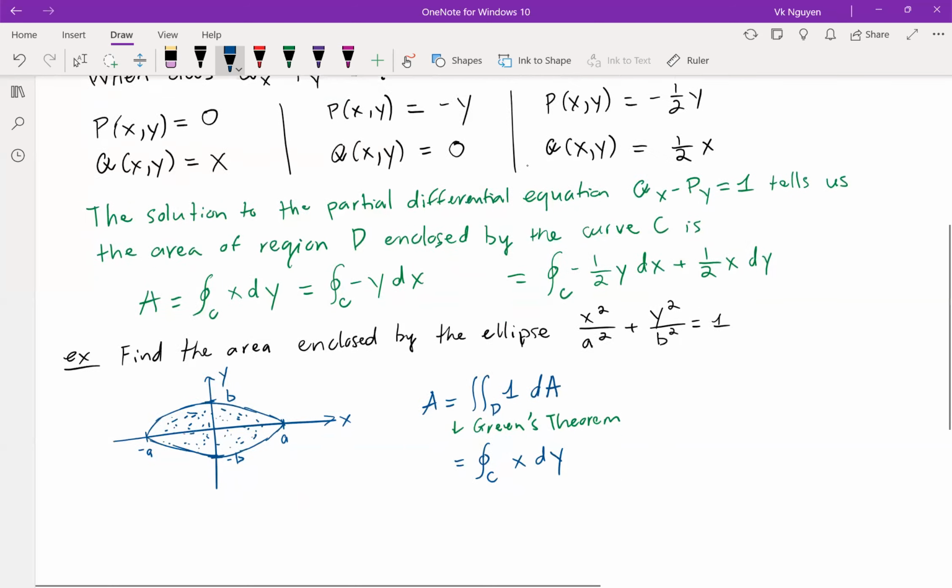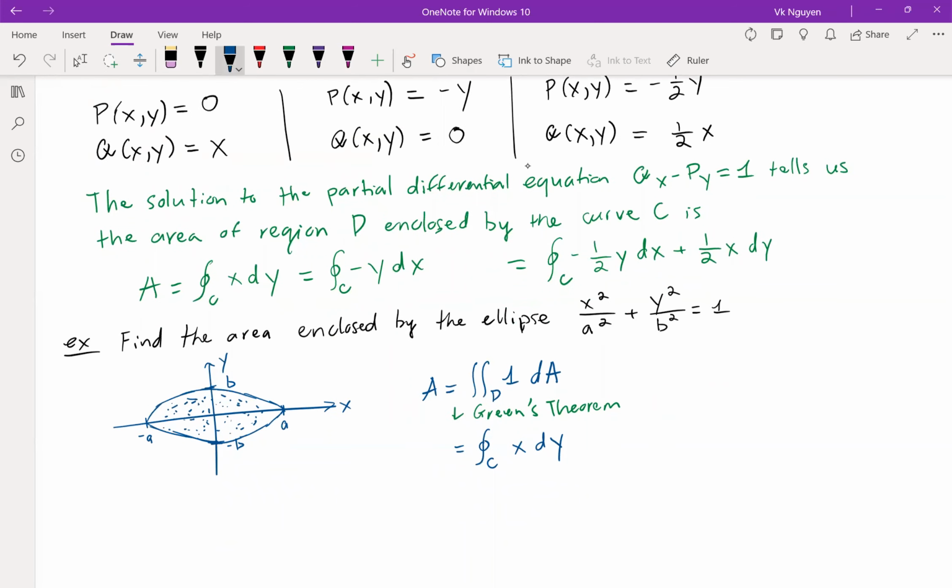When we do the line integral over the curve C here, this is the curve C. You can have the arrow go this way so it matches up with the Green theorem. Right? And then from here, what do we do?